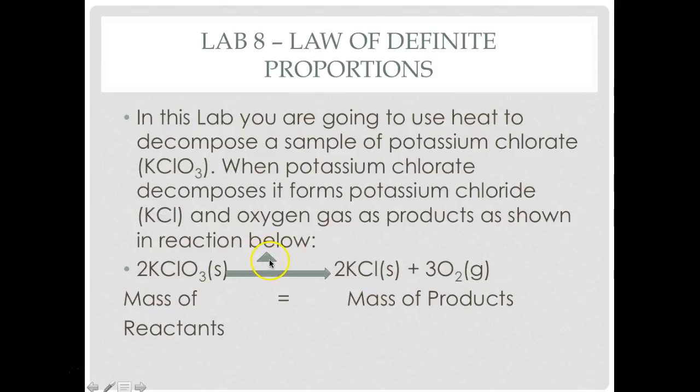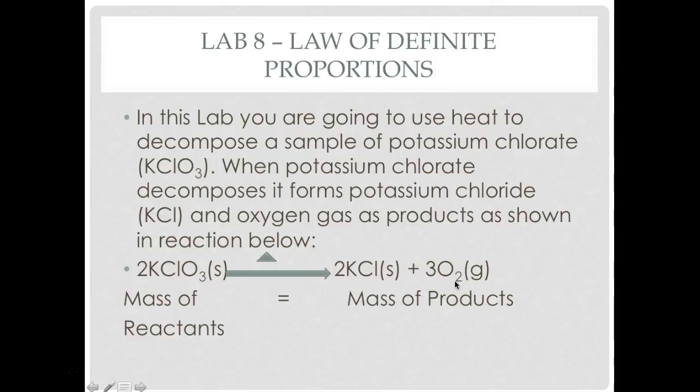This triangle signifies heat, so when you're writing the equation for this reaction, that's what it means. If you heat this compound, it breaks up and forms potassium chloride, and the oxygens come off in the form of gas.